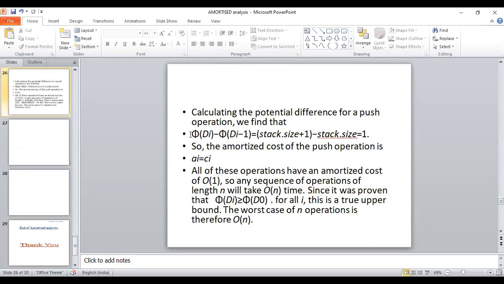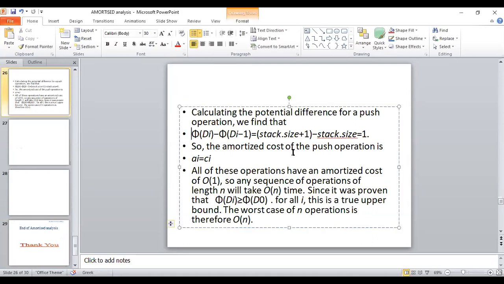That means when you consider di and di minus 1, the difference of potential values is the size of the stack plus 1 minus the size of the stack, that is equal to 1. So the total amortized cost of the push operation is A is equal to CI.